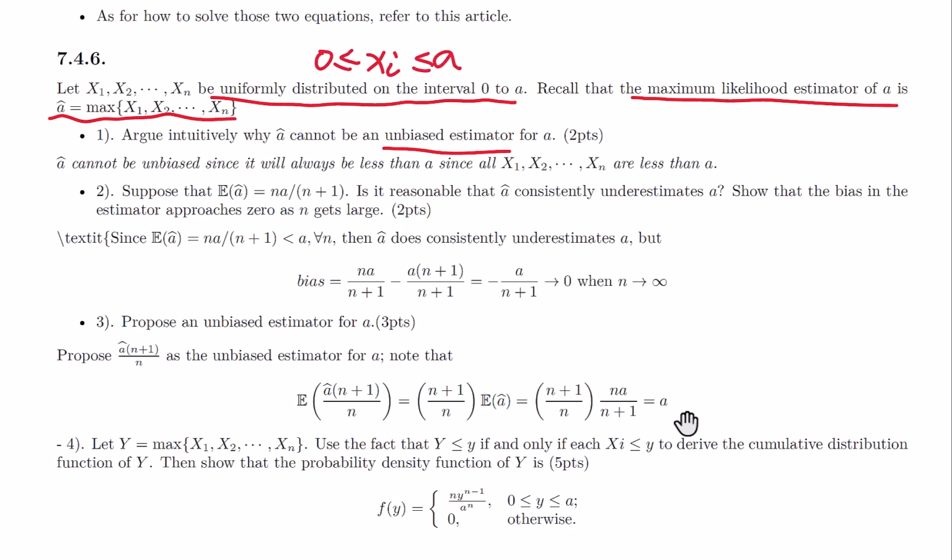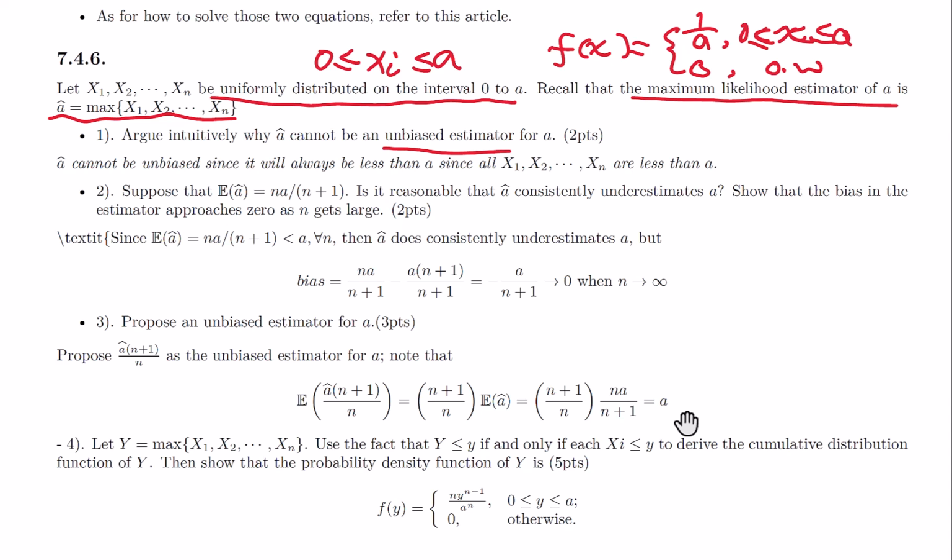So this density function is 1 over a if x is between 0 and a, over this interval. Otherwise, it's going to be 0. So now we have x1, x2, through xn.